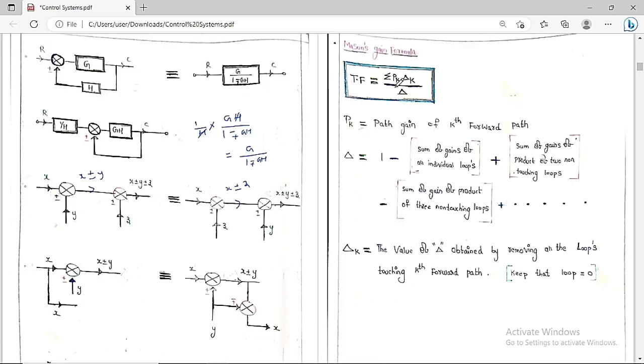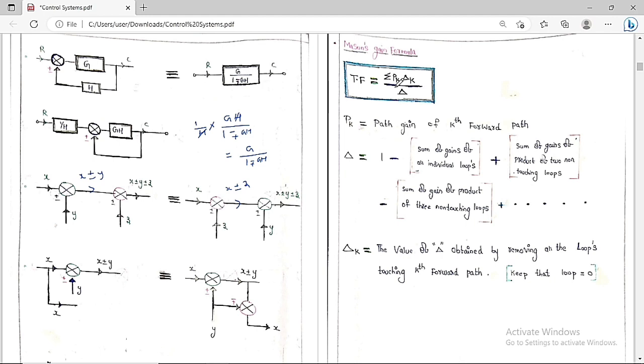Now we are going to discuss another concept which is called Mason's gain formula. With the help of Mason's gain formula, if there is any complex block diagram, we can obtain the transfer function very easily.